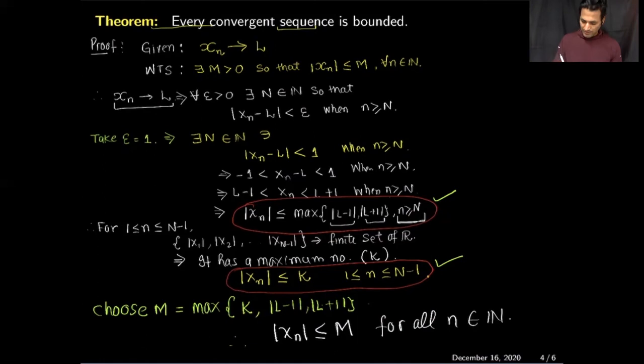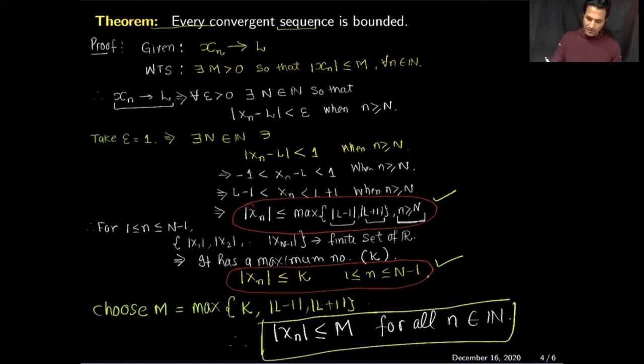And this is basically what we would like to show. So this completes the proof of this theorem. That was a direct proof, in which I start from what is given, and I write some logical statements to reach my goal, which I need to prove.